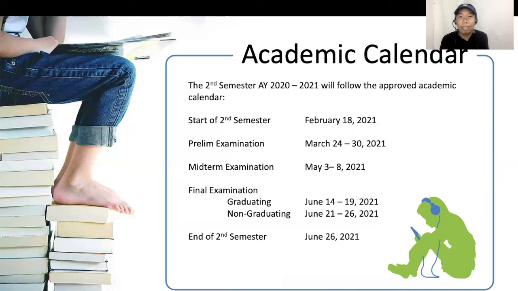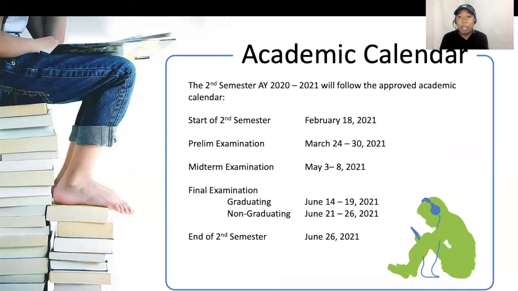Now for the academic calendar, the second semester of the academic year 2020-2021 will follow the approved academic calendar. We started the class last February 18. Your prelim examination will be on March 24 to 30. Your midterm examination will be on May 3 to 8.